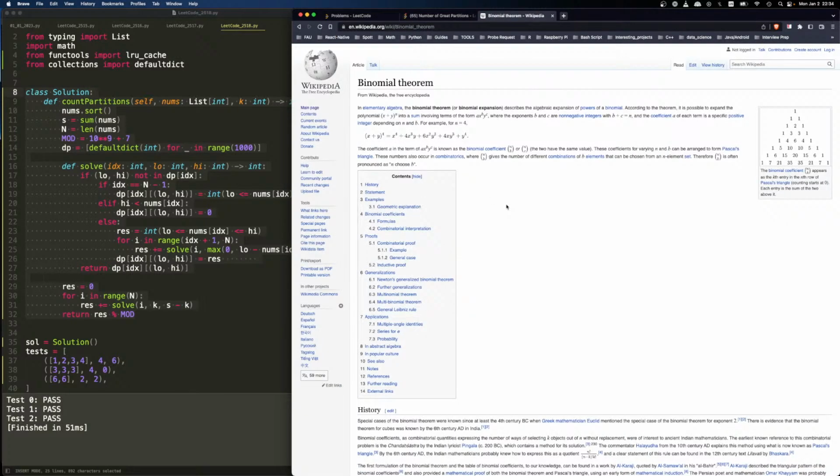Yes, it's x plus y to the n power equals x to the n power plus n choose 2 x something y something, and so on.